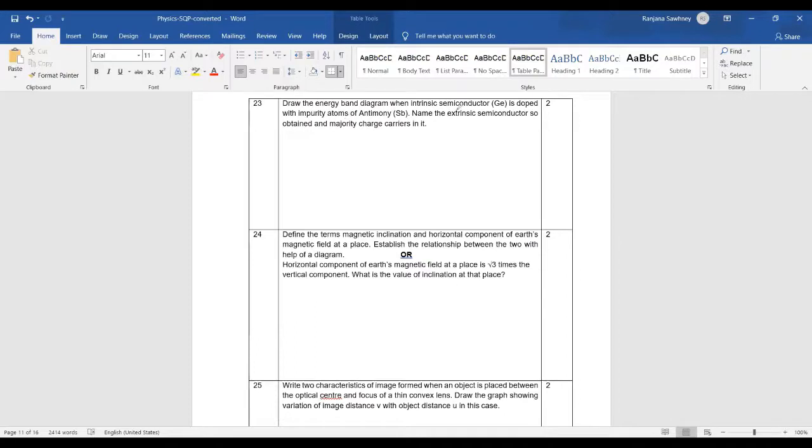When the intrinsic semiconductor is doped with pentavalent impurity atoms, and antimony is a pentavalent impurity atom, the extrinsic semiconductor so obtained is N-type extrinsic semiconductor, and the majority charge carriers in N-type semiconductors are electrons.